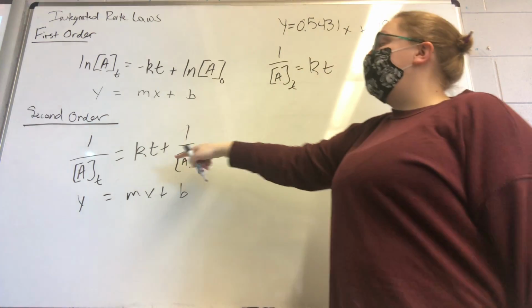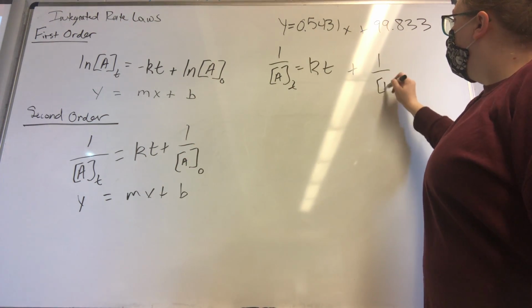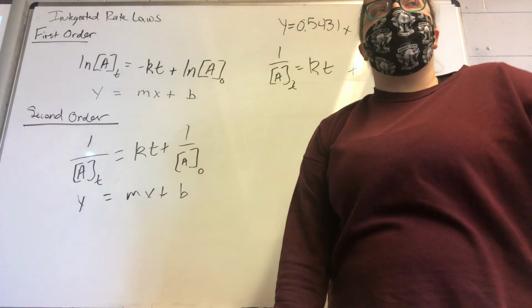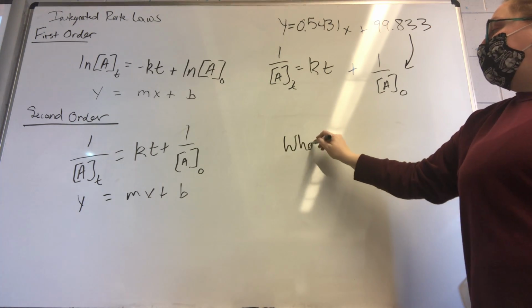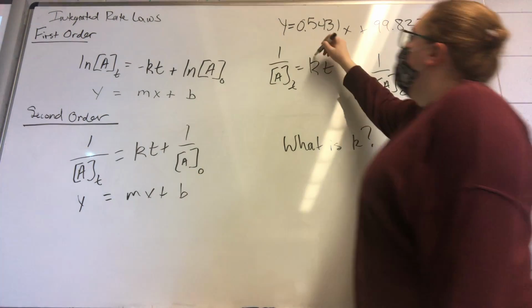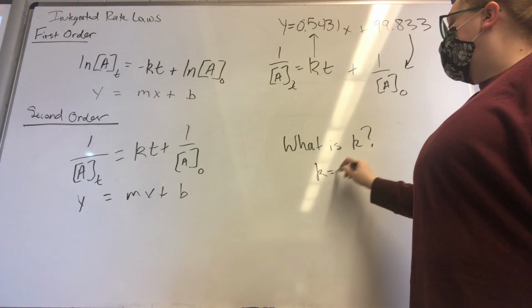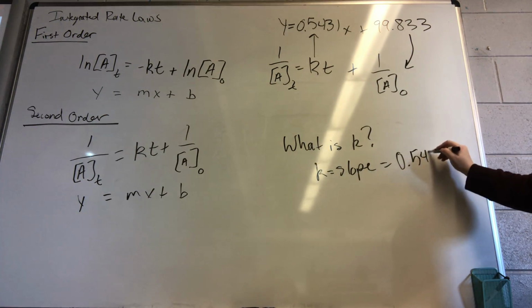In a second order reaction, we can get a couple pieces of information from this reaction. So, first is, what is K? Well, in this particular case, since K is positive, K will just equal the slope, which in this case is 0.5431.